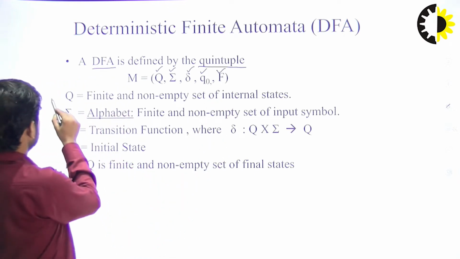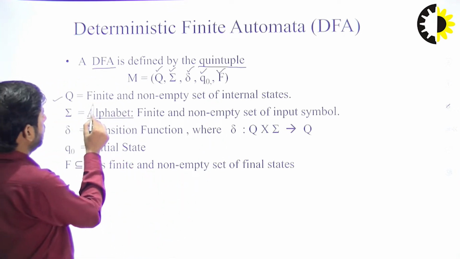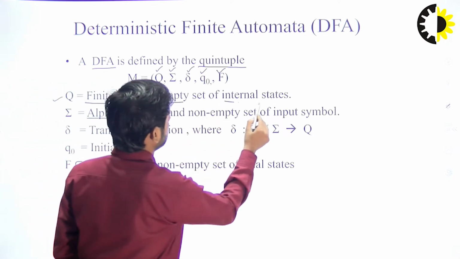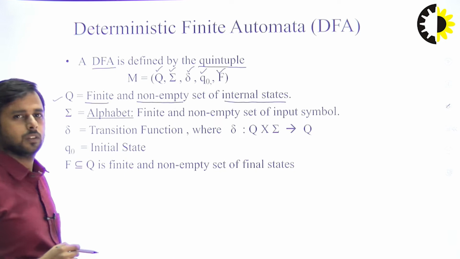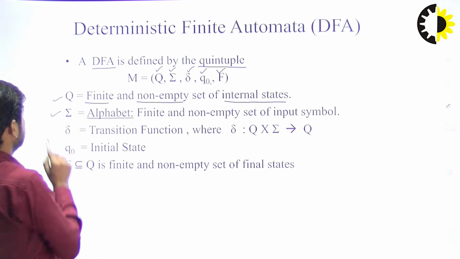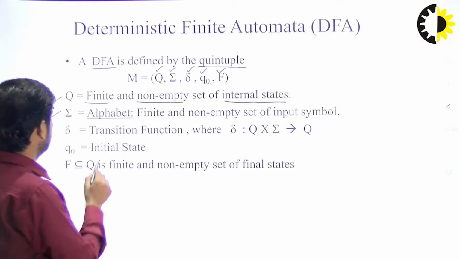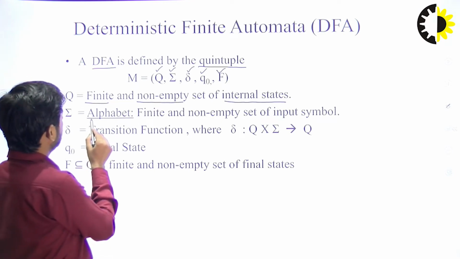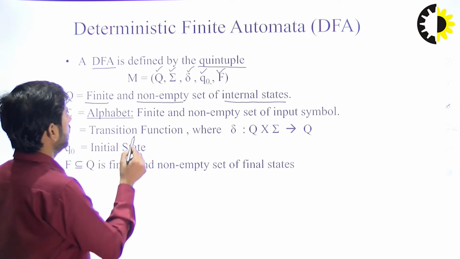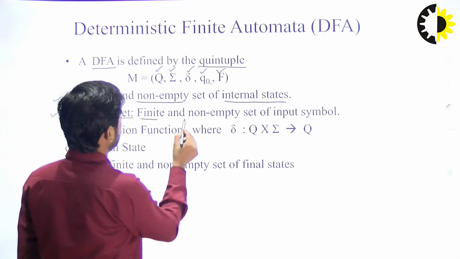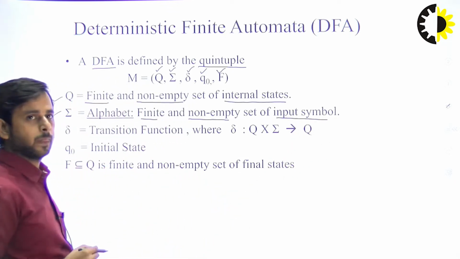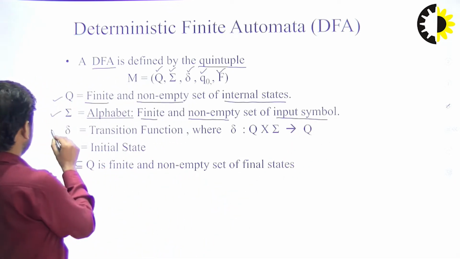So here what is Q? Q is the finite and non-empty set of internal states. Next is sigma. What is sigma? It is the input alphabet, a finite and non-empty set of input symbols. Third one is delta.